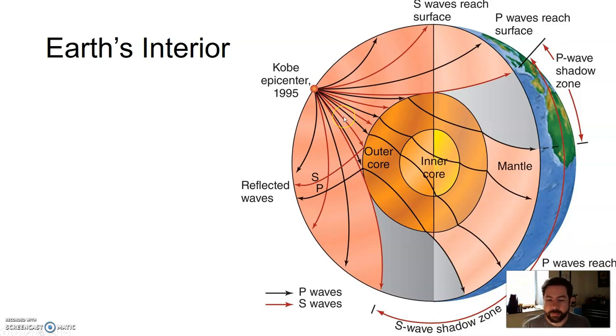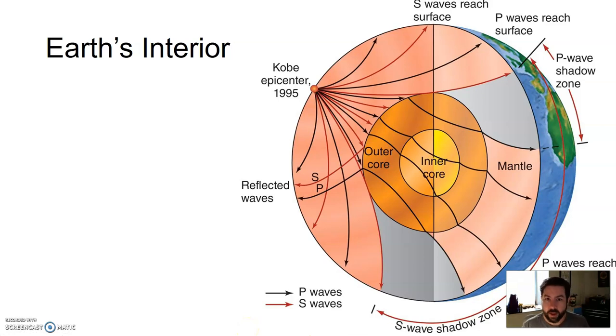And then kind of mapping where P waves and S waves were felt: the black arrows represent P waves, the red arrows represent S waves. There are S waves that could be felt from here all the way over here, but this entire portion of Earth was in what's called an S wave shadow zone. There were no S waves there.